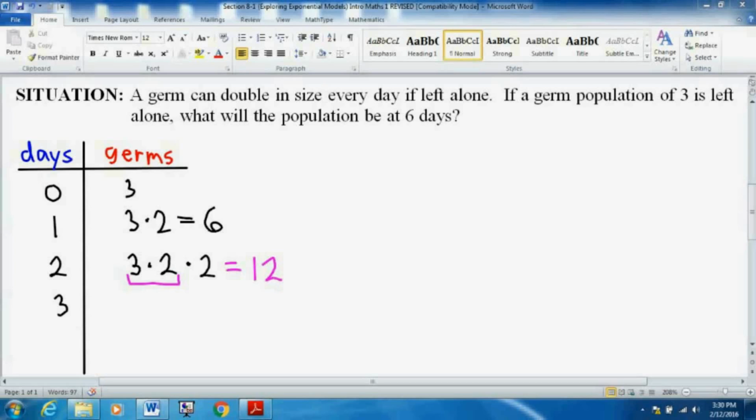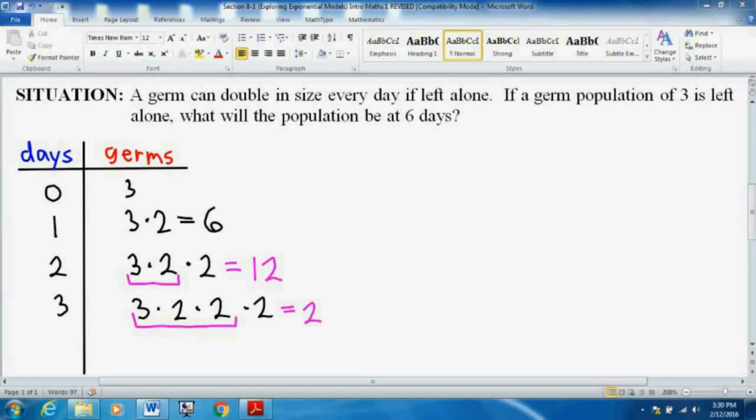When we do 3 days, we are again going to look at the previous germ population. That is to say, 3 times 2 times 2 times 2, recognizing that 3 times 2 times 2 was the previous germ population of 12 germs.